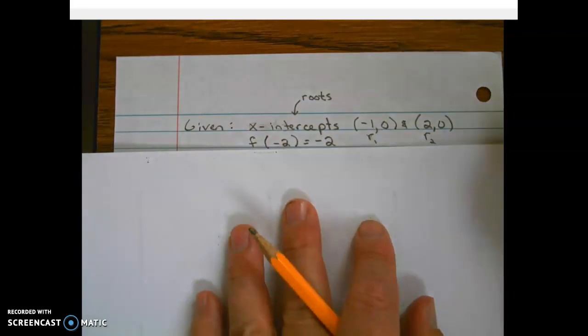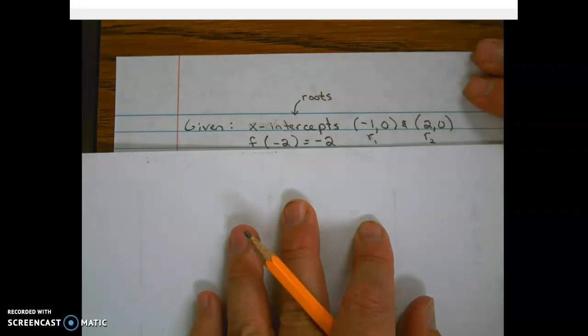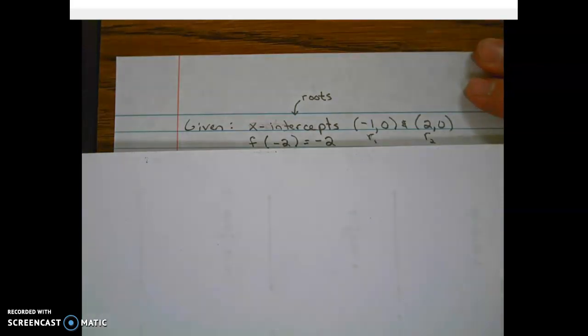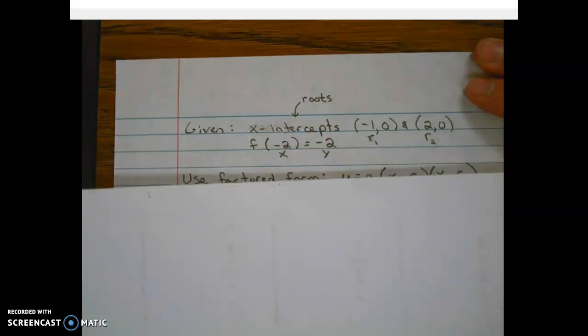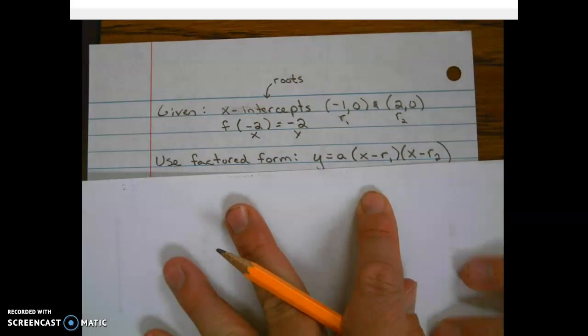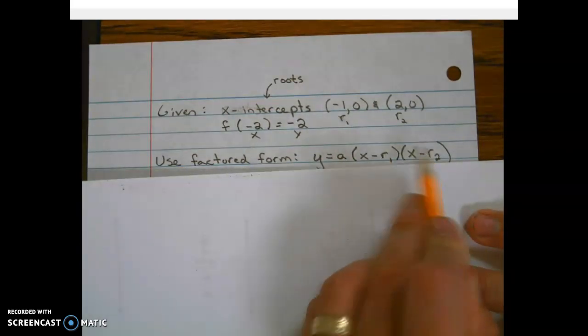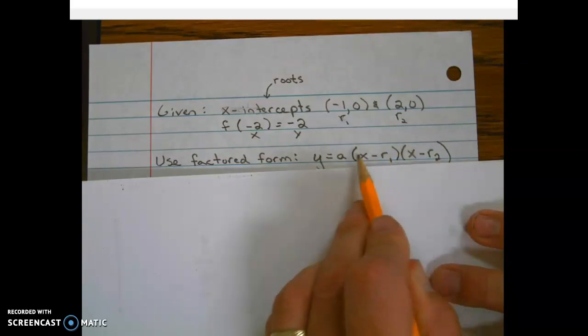So now, what form would we use? Well, not the vertex form, because we have not been given the vertex. We would use what's called factored form, and here is factored form. Factored form has factors, and these three factors are called factors because they're being multiplied together.